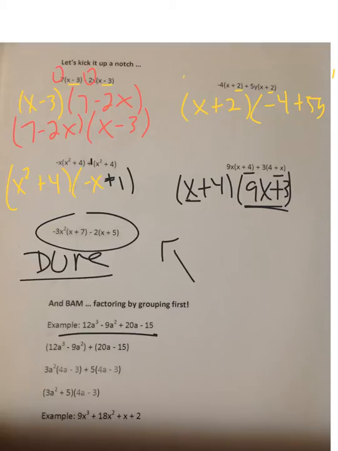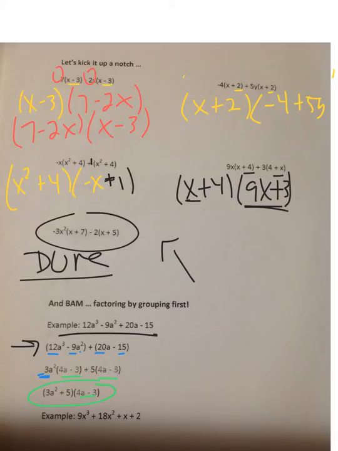So I'm going to put parentheses around the 12a cubed and the 9a squared, and then the 20a and the 15. And then I'm going to say, well, the 12 and the 9 has a 3. A squared and a cubed is giving me a 3a squared. Then I'm left with 4a minus 3. Over here, if I pull a 5 out, I'm left with 4a minus 3. So I have 4a minus 3, and then my 3a squared plus 5 is where I'm going to do my final answer.